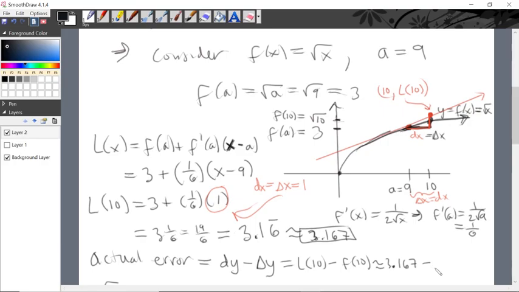And the square root of 10 on the calculator is 3.1623.